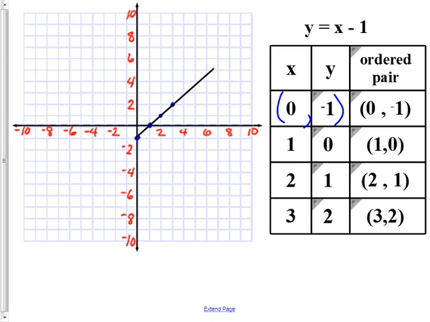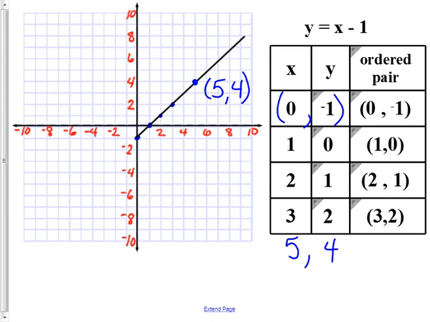And what's really neat about that is, not only is it going to connect all of those points, but if I look at any point on that line, that ordered pair right here is 5, 4. Notice that ordered pair would fit our function table.